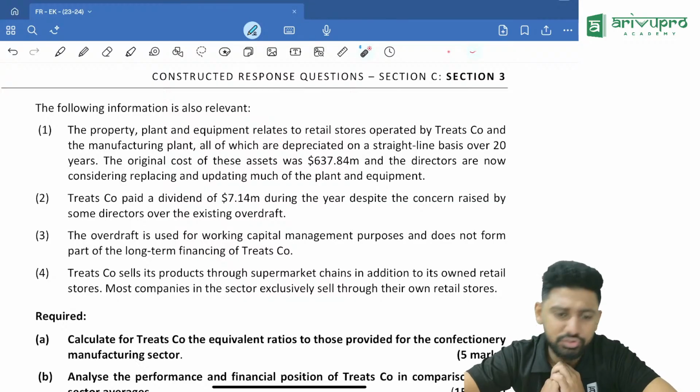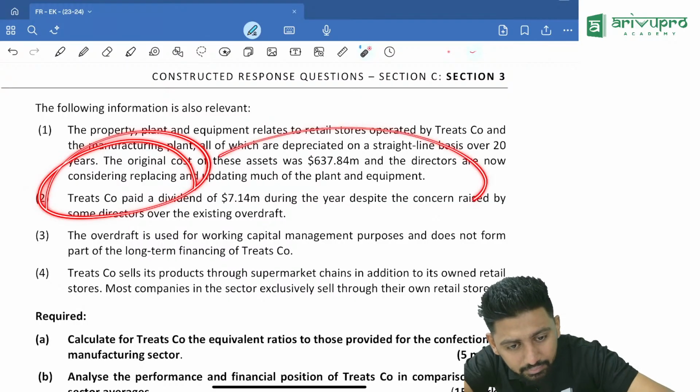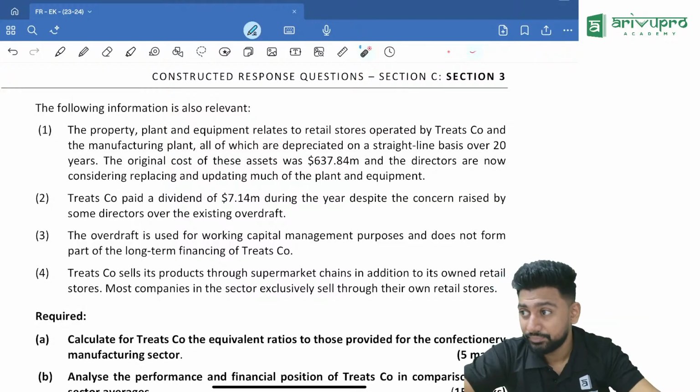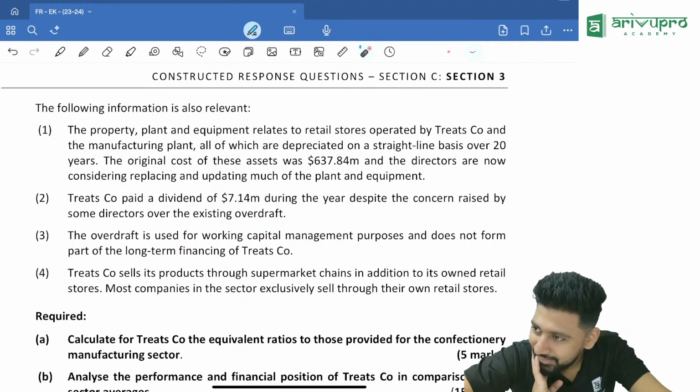The original cost of these assets was 637.84 million, and the directors are now considering replacing and updating much of the plant. What do you think of that statement? Read that again. Don't jump the gun here.